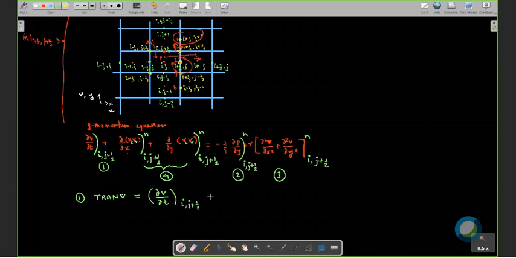This is discretized as V at I, j plus half at the n plus 1th level minus V at I, j plus half at the nth level, divided by delta t. Okay. So this is forward in time. Forward difference in time.